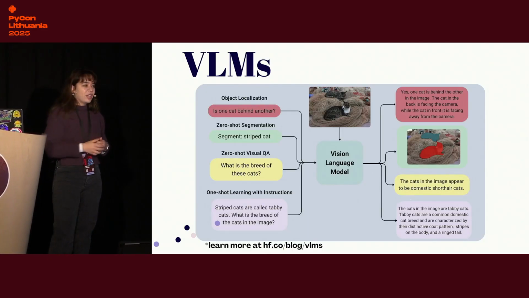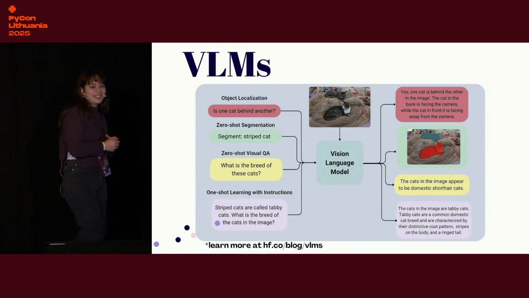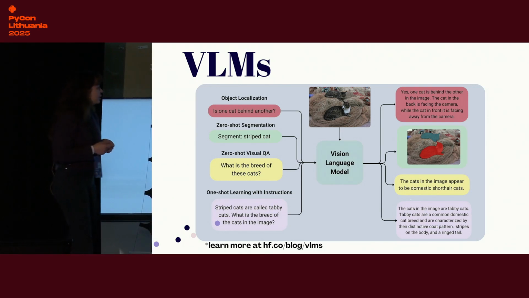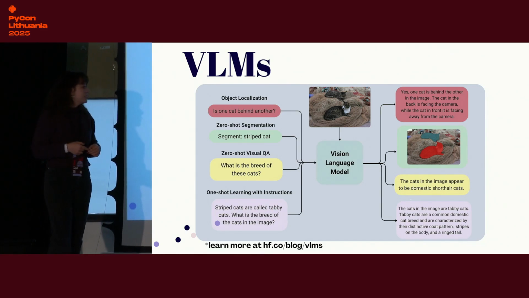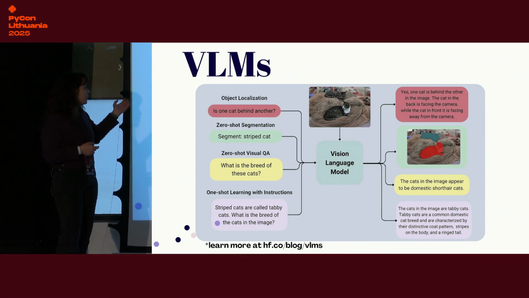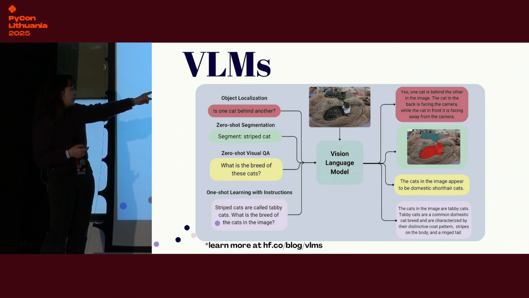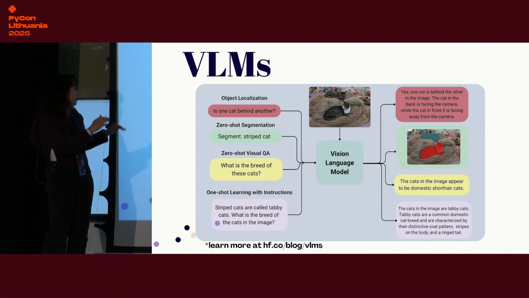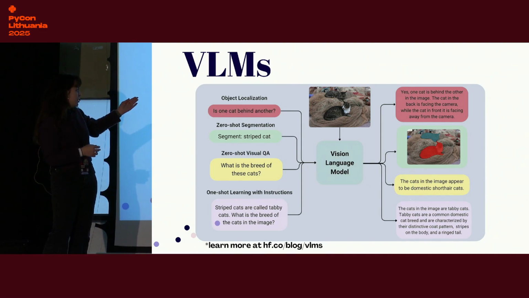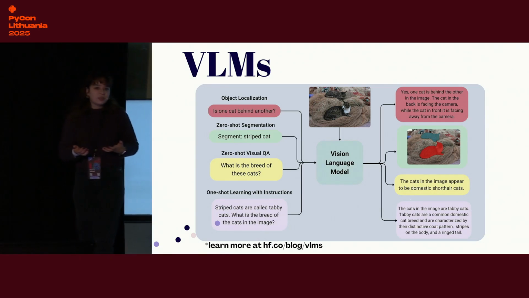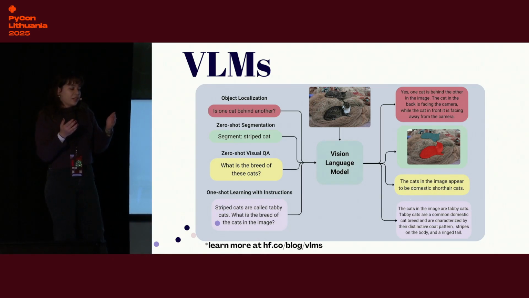And coming to actual vision language models that everyone is probably using on a daily basis. You can do a lot of things with vision language models. You can do object localization. You can do even image segmentation. Like over there, the cats are segmented. Normally we used to train models to do image segmentation, but now you can predict segments with open-ended labels.